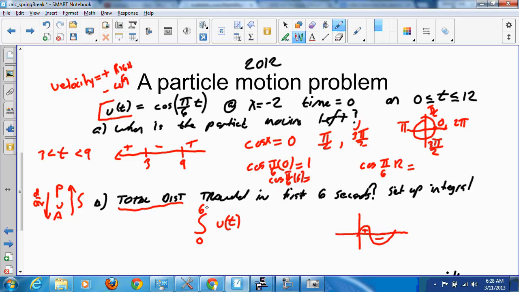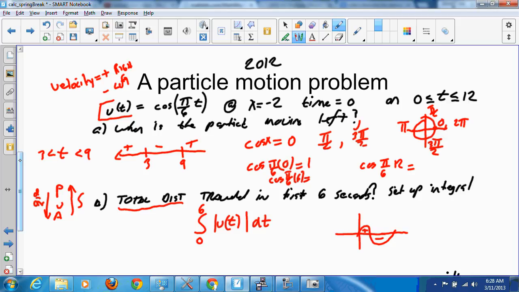So the total distance traveled means we have to add up the positives and also add up the negatives, but we have to use the absolute value so that we can find the exact value. So I think a statement like this might suffice: the integral from 0 to 6 of the absolute value of velocity, and that should do you right there.